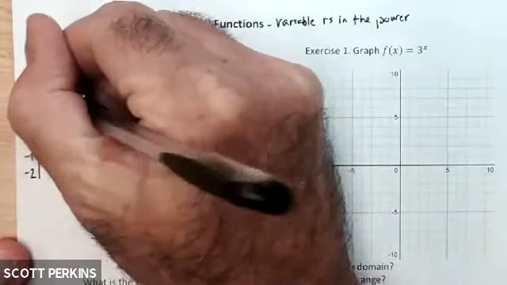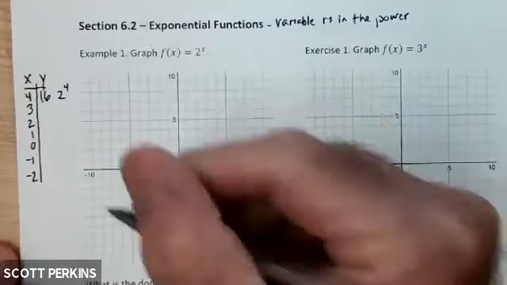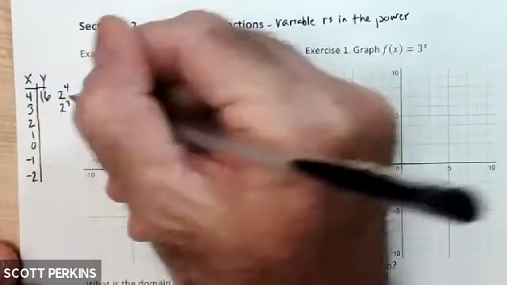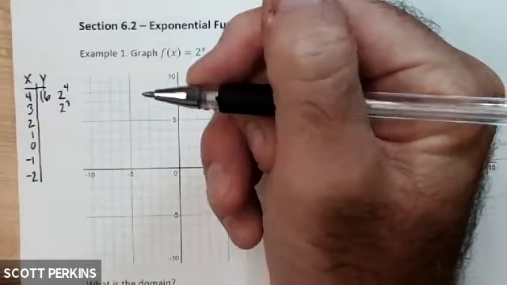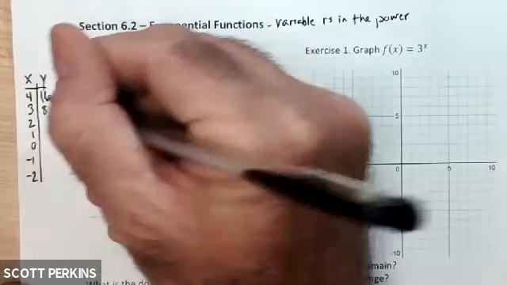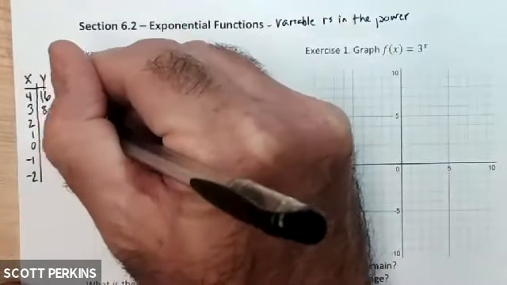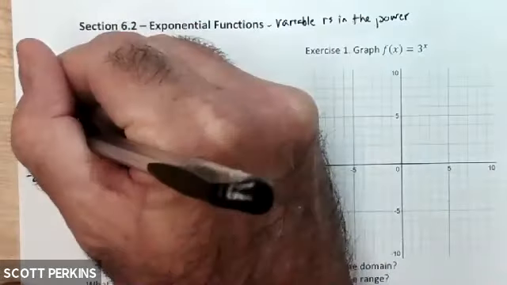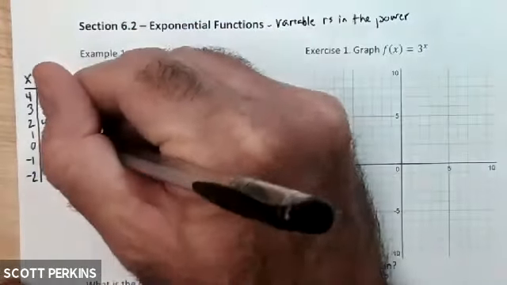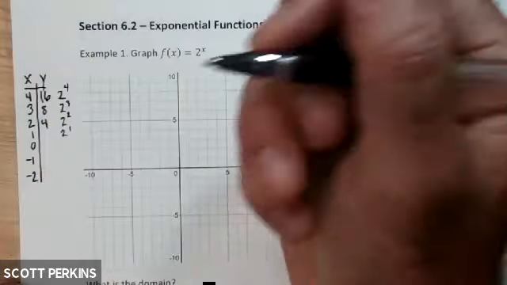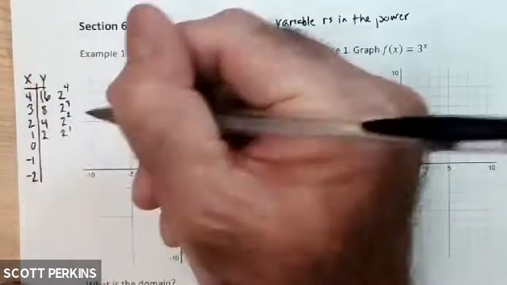And so the next one, when I put 3 in, 2 to the 3rd, 2 times 2 times 2 is going to be 8. 2 to the 2nd, 2 times 2 is just going to be 4. 2 to the 1st, 2 to anything to the 1st power is just itself, so 2.